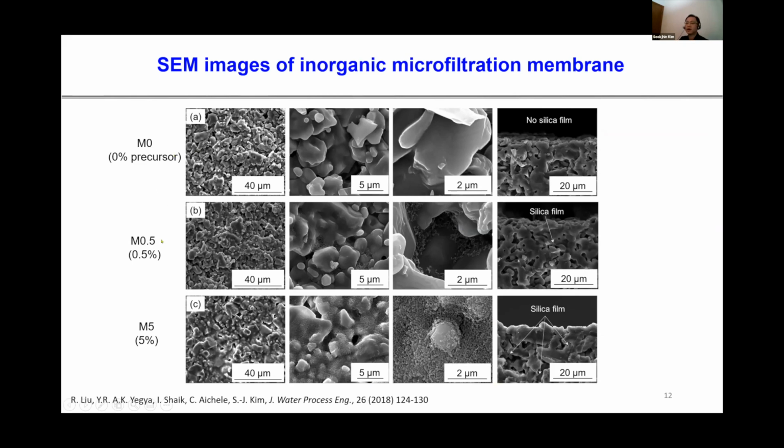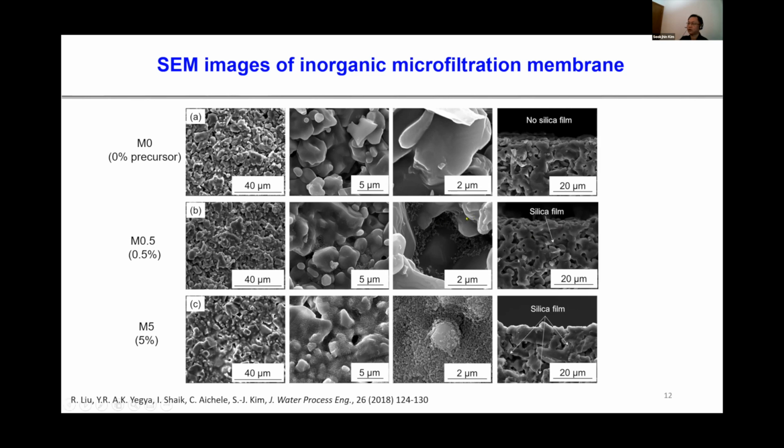In the middle, we have M0.5. The alumina membrane was treated with 0.5 weight% solution of silica nanoparticles. And along these SEM images, the silica nanoparticles were incorporated onto the membrane surface.